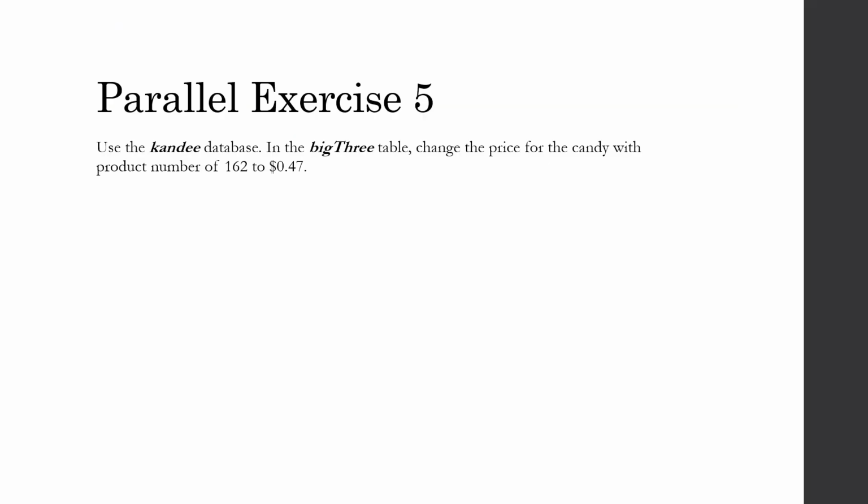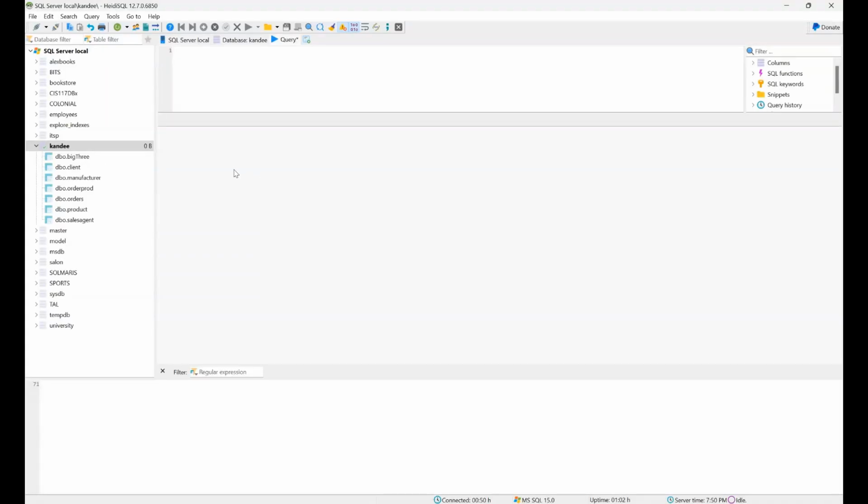Parallel exercise 5. Use the Candy database. In the Big 3 table, change the price for the candy with product number of 162 to 47 cents. Parallel exercise 5 is a very simple update.